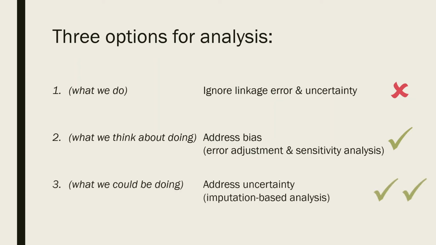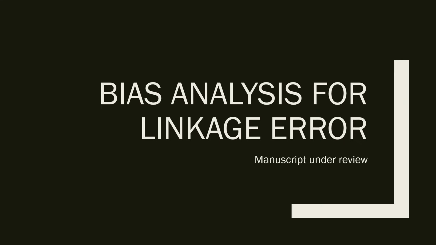And then there's what Harvey would really like us to be doing, which is addressing the uncertainty, not just the error, but the level of uncertainty around it, using imputation-based analysis.